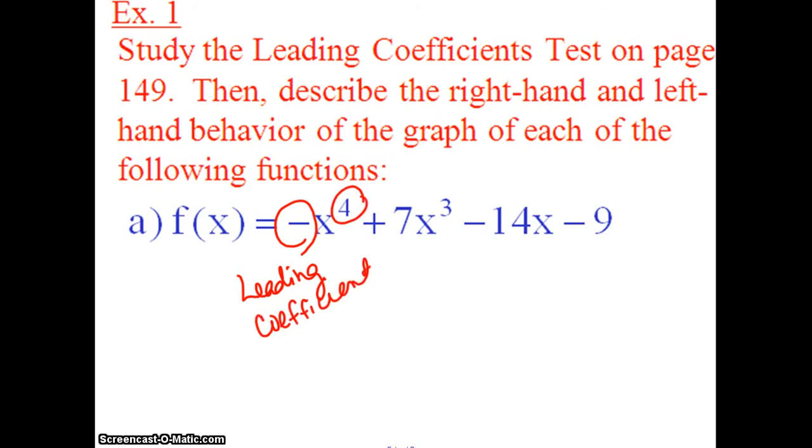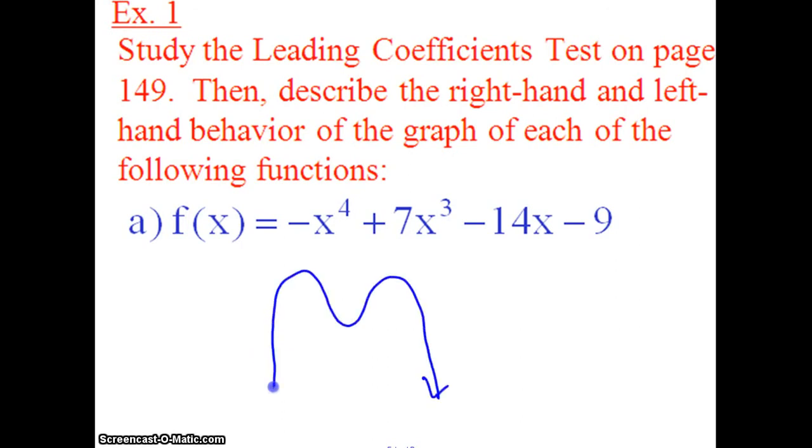So this is a quartic. The best thing to do here is to sketch the graph. It would look like an M. And let's go ahead and find the left-hand and right-hand behavior.